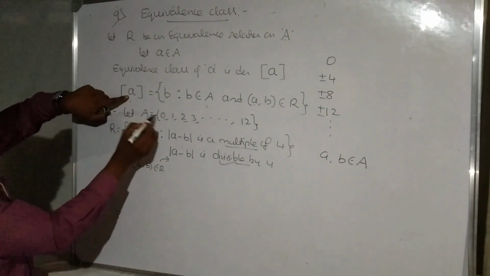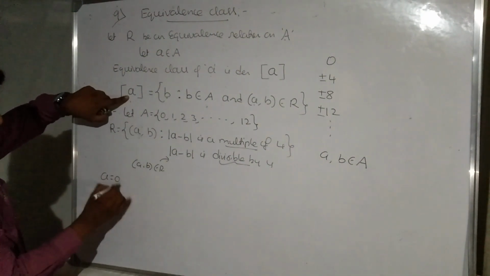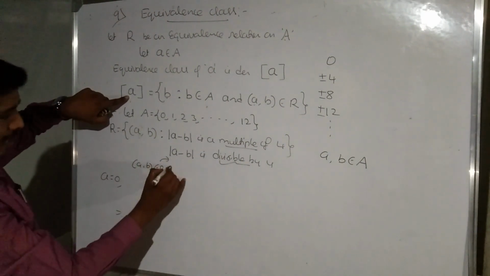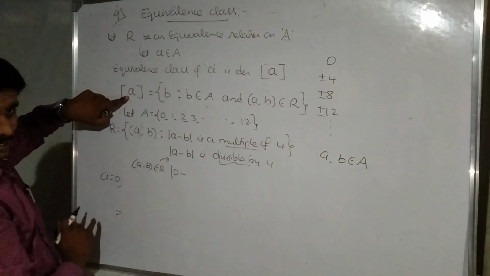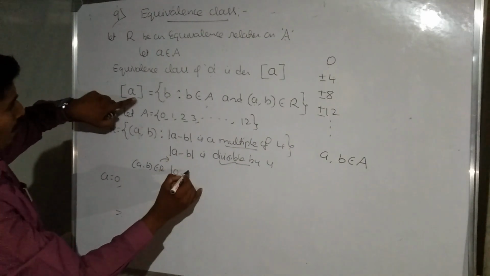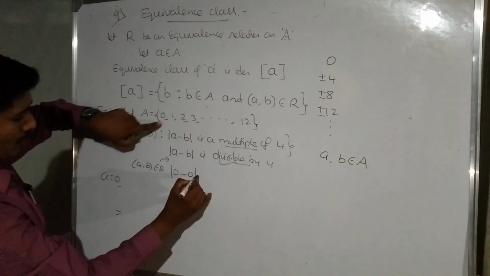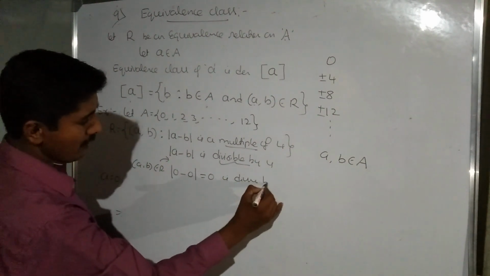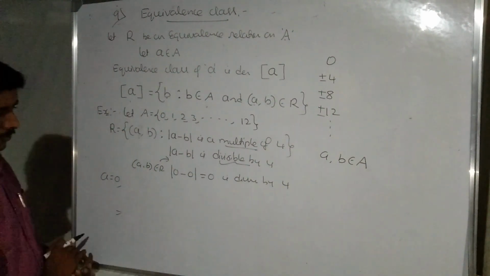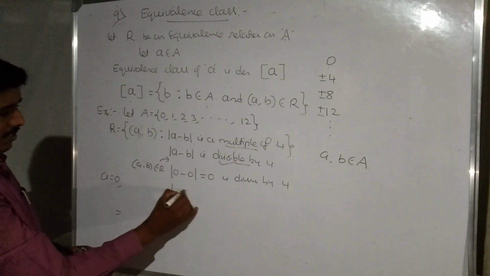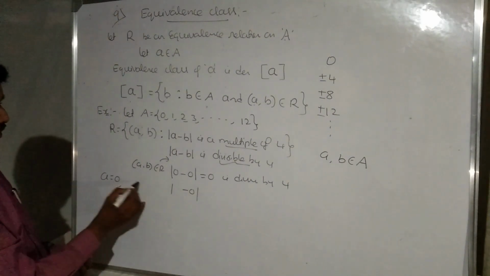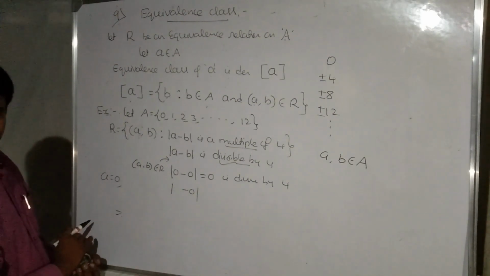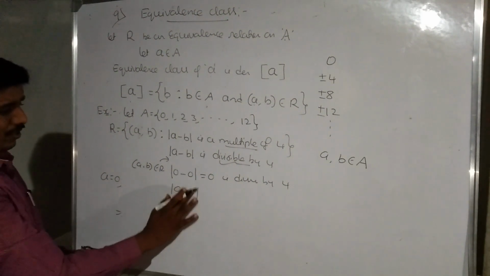Suppose I take a equal to 0, and again b equal to 0. 0 minus 0 is 0. Clearly 0 is divisible by 4. Next, a equal to 0 as it is here. Or you can take this side, a equal to 0. I take it.